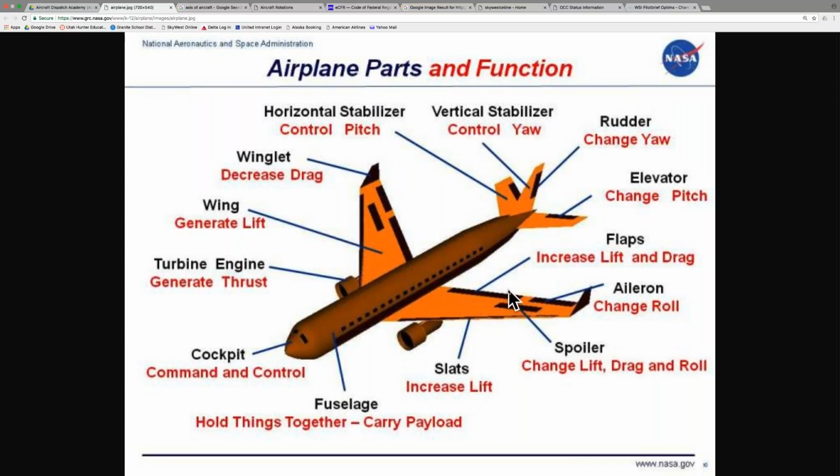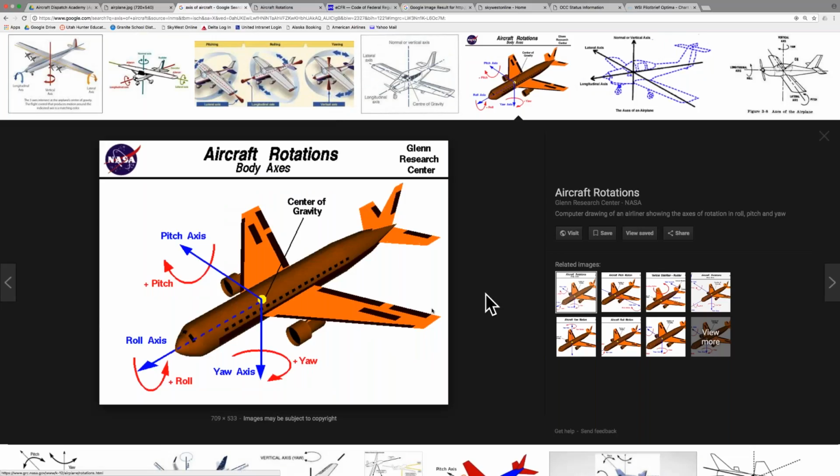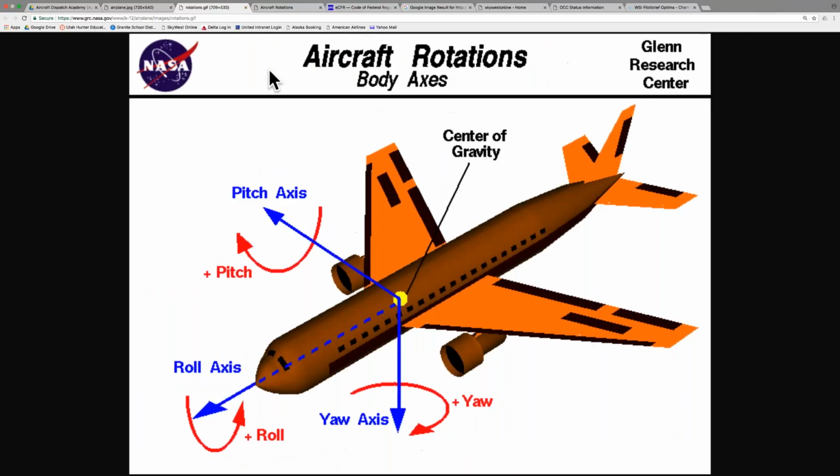The primary flight controls that affect the flight, this is kind of the axis. When we're walking or driving here on the ground, we operate in a two-dimensional world, basically.